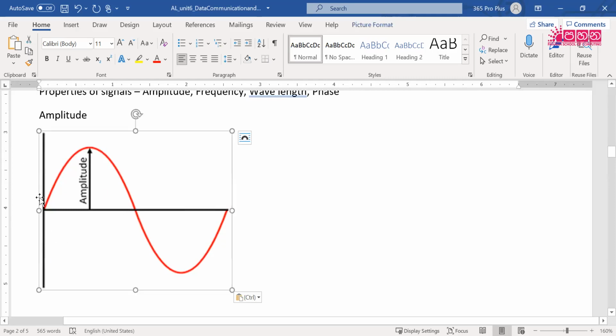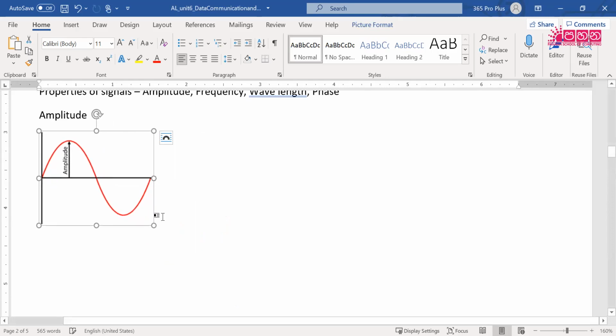So amplitude. If you have the waveform like this, so the height, right? I told you it should be the height.